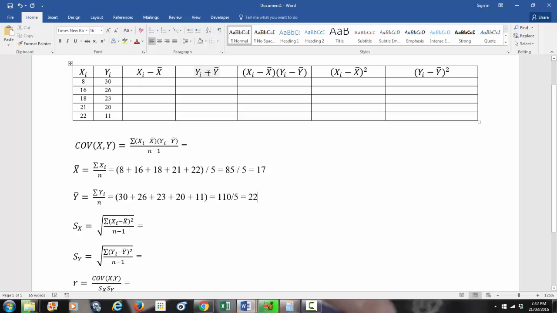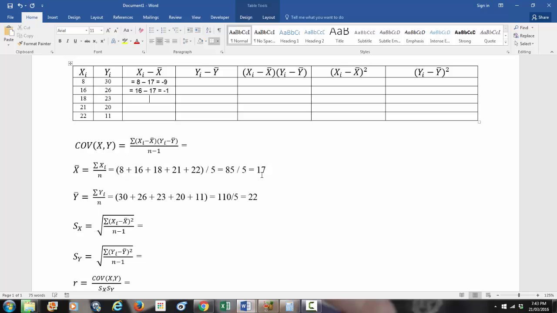And so that's what we see represented in these two columns. So this column will refer to each value within here. We are going to subtract away the sample average for x. So that will be equal to 8 minus 17. Remember that our sample average is 17, which is equal to -9. And repeating it for the same, so this will be 16 minus 17, which is equal to -1.